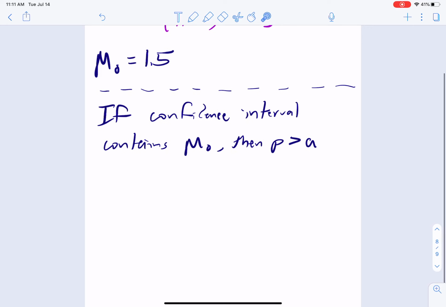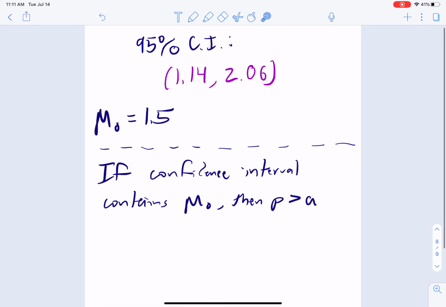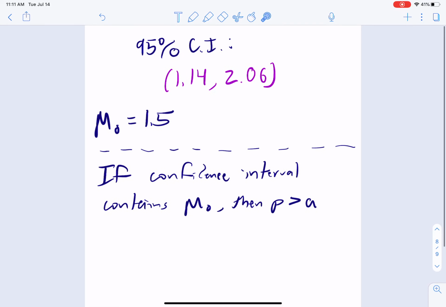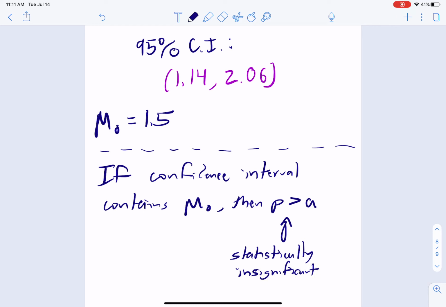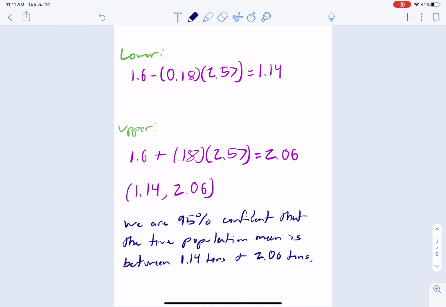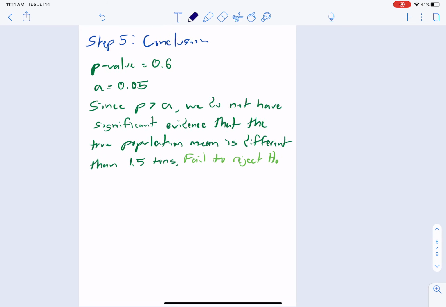But from a statistician's point of view, we know that if the null value, the thing we're testing against, shows up in our confidence interval, then the result is always going to be statistically insignificant, right? So we can even go back to our hypothesis test conclusion.